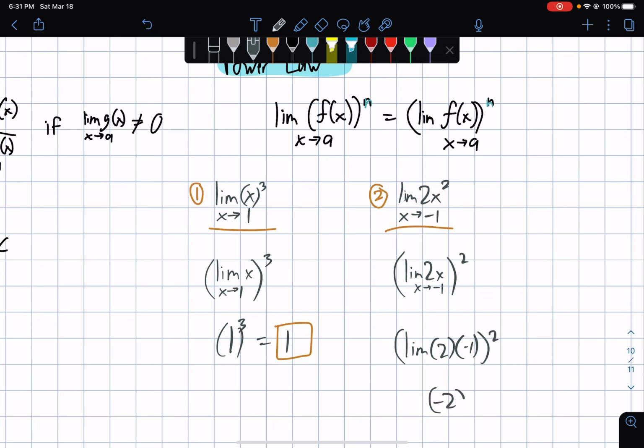So if it's negative 2 because of 2 times negative 1, wait, sorry. This becomes 2 and then negative 1 and then raised to 2. That becomes positive 1 and hence we get 2.